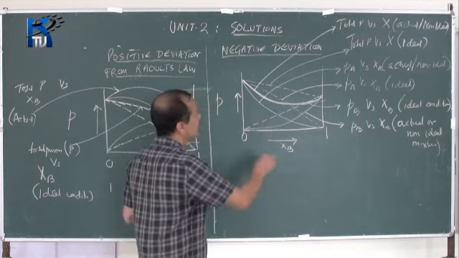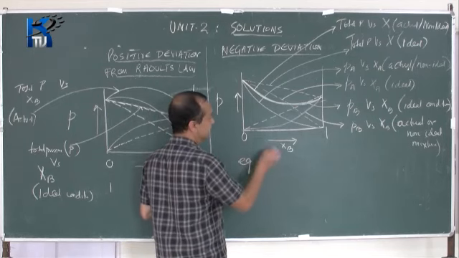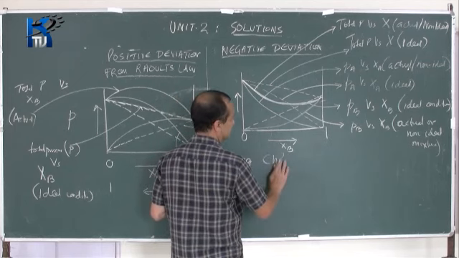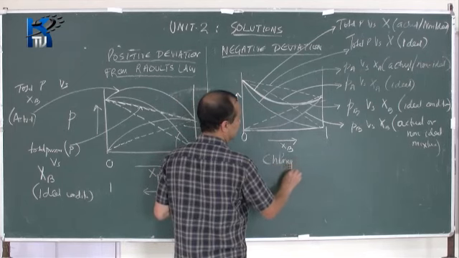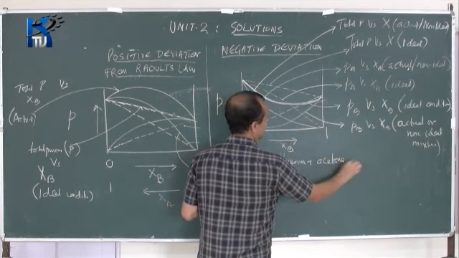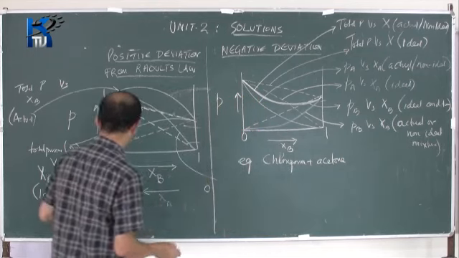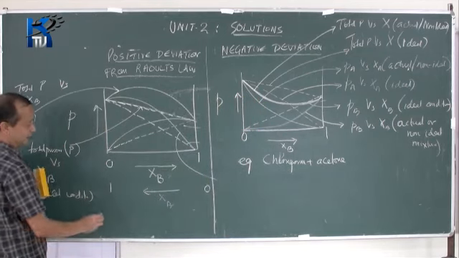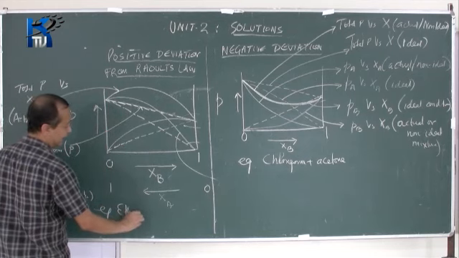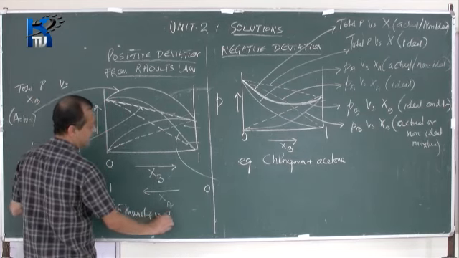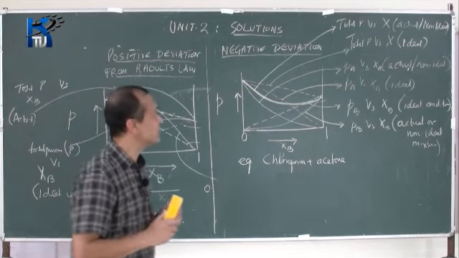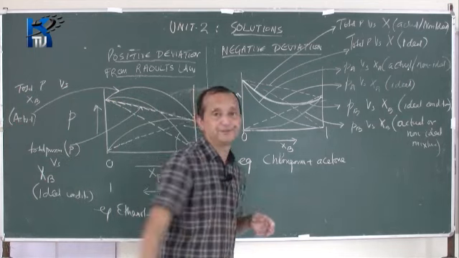An example of this type of liquid mixture is chloroform plus acetone mixture. An example of positive deviation is ethanol plus water. So this is positive deviation, negative deviation from Raoult's law. See this carefully, and I will rub this board.